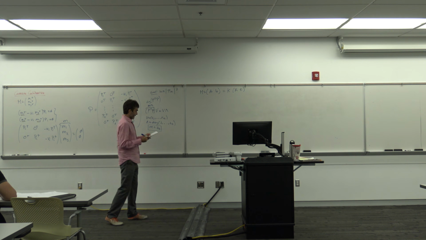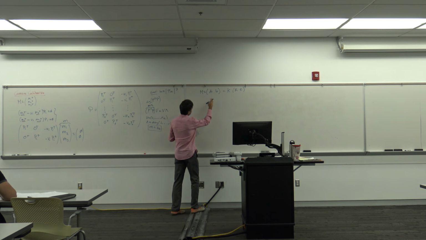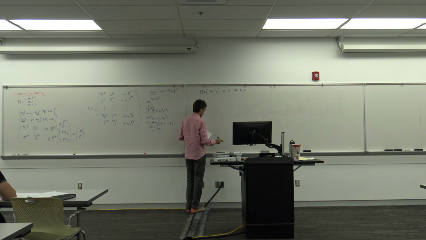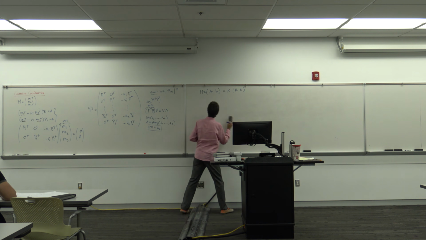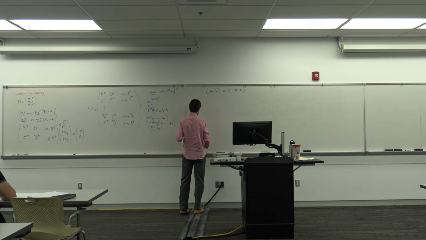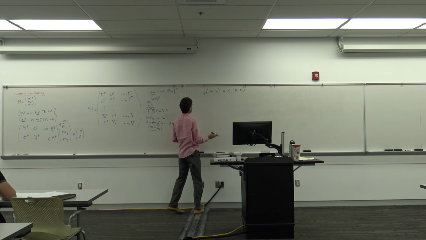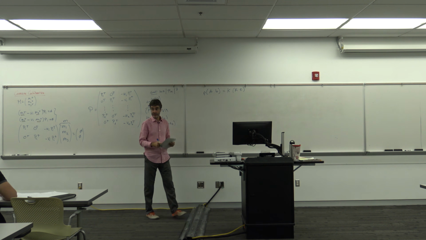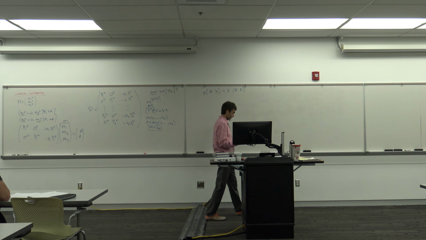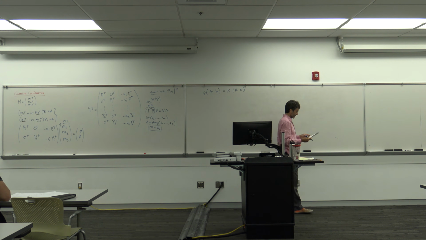Okay. Now, this, of course, is defined up to a scale. So in reality, there is a scalar here. Let's call it rho, right? Because all these equations are in homogeneous coordinates, so this is defined up to a scale.